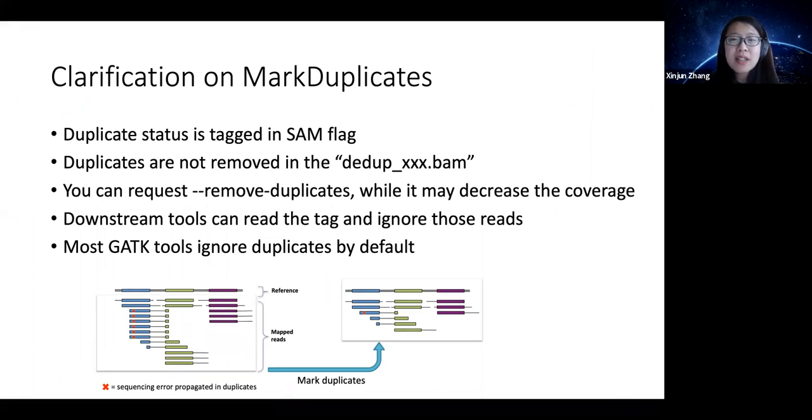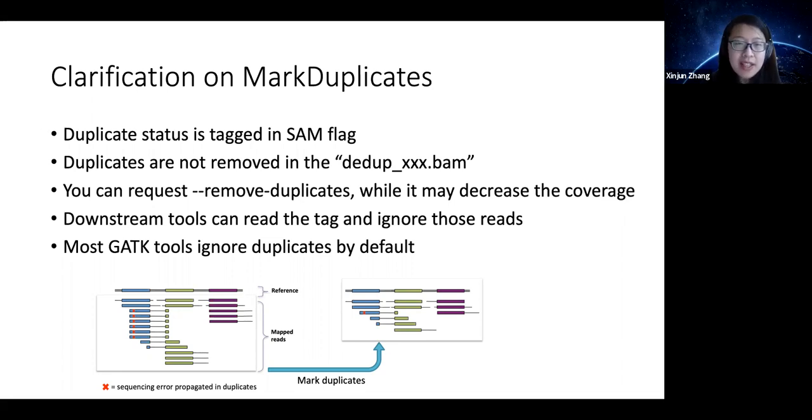We discussed MarkDuplicates, which is one of the first steps we use to clean the BAM file. After we map our reads to the reference genome and have our original BAM file, the first step is to mark duplicates. The question was whether MarkDuplicates itself removes any duplicates.